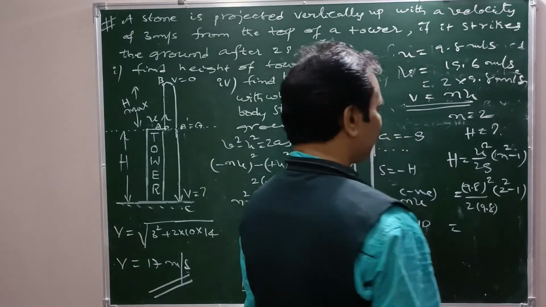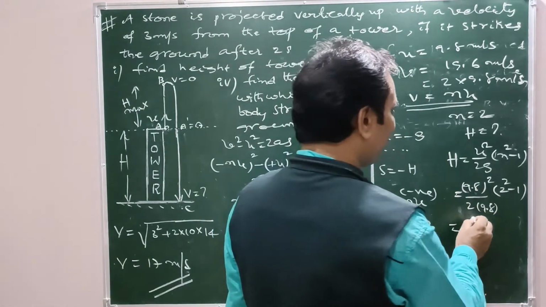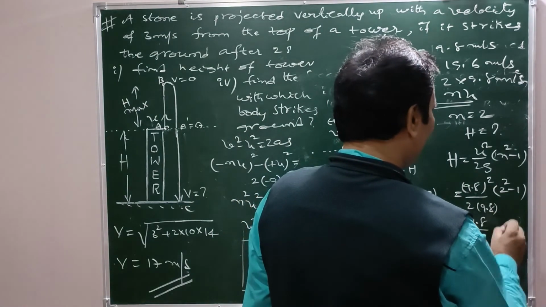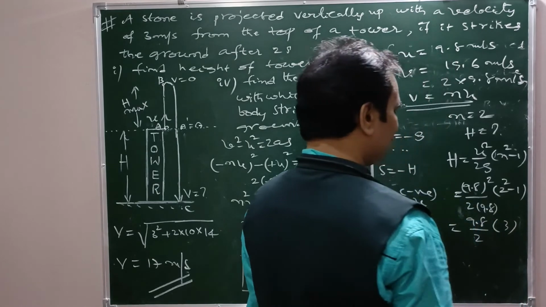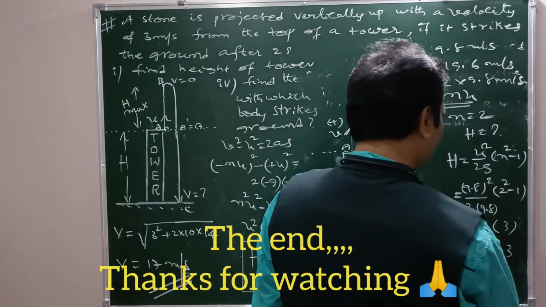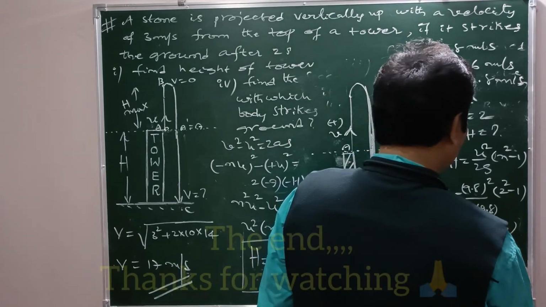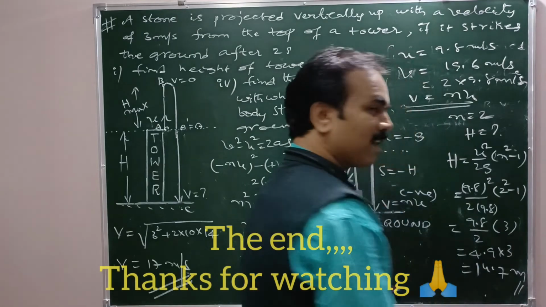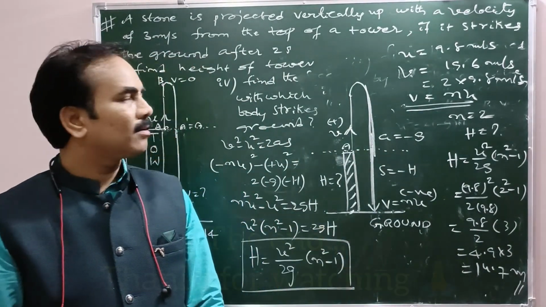That is 9.8 whole square by 9.8, which is 9.8, by 2, into 2 square minus 1, which is 4 minus 1, that is 3. That is 4.9 into 3, which is 14.7 meters. This is the height of the tower.